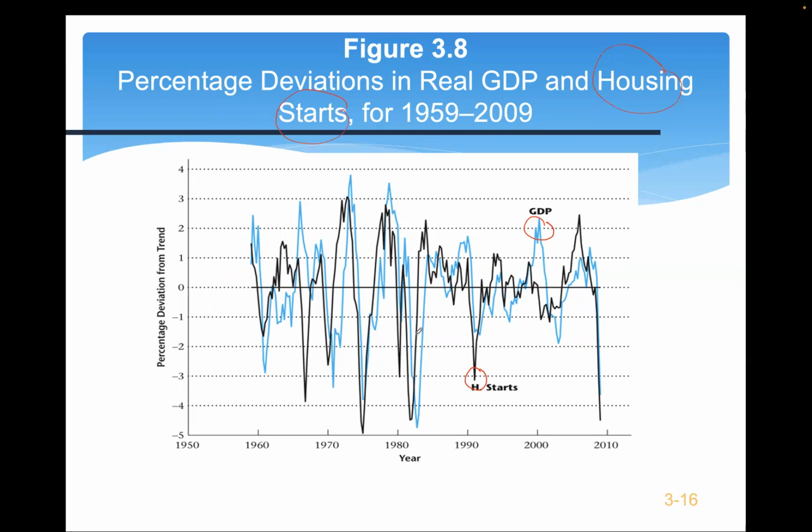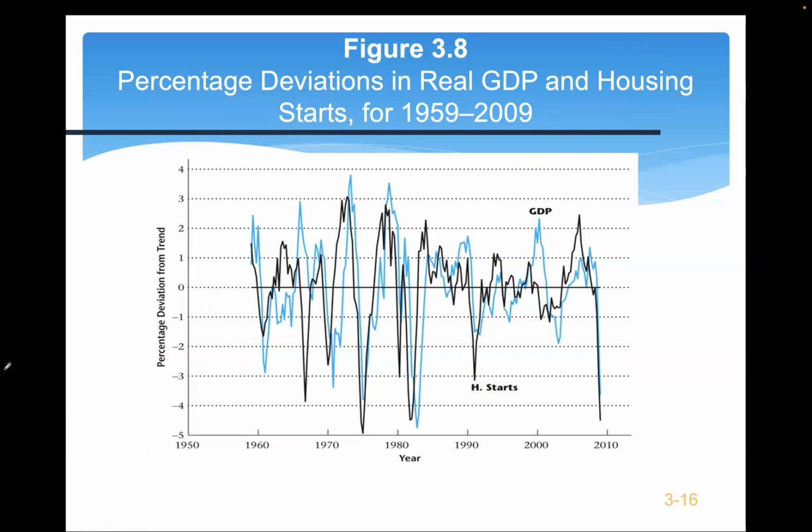Now, regarding the fluctuation, these two are pretty much similar. But interestingly, when we are in the expansion, the housing start expands on a smaller scale. But when we are in the recession, you can see usually the housing start declines in a much larger magnitude.